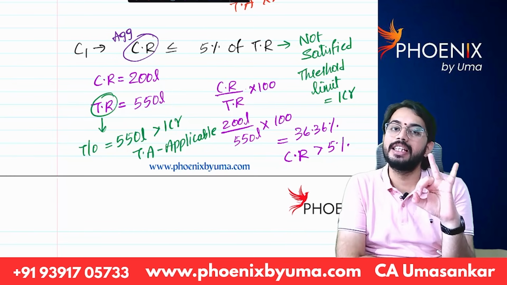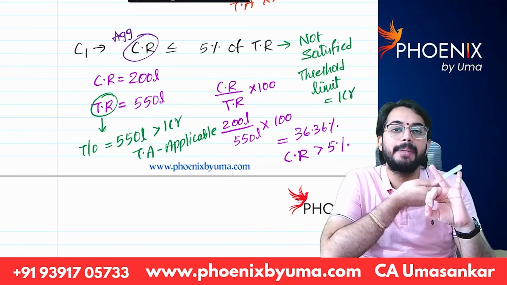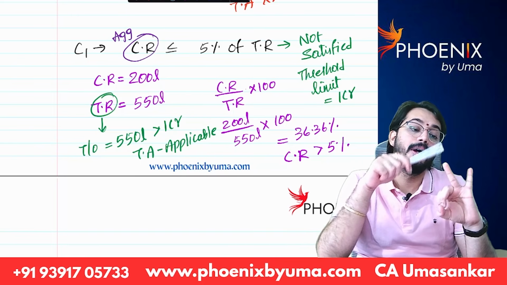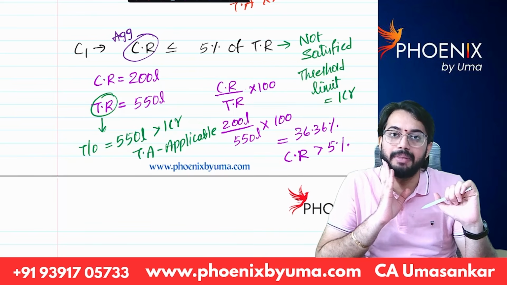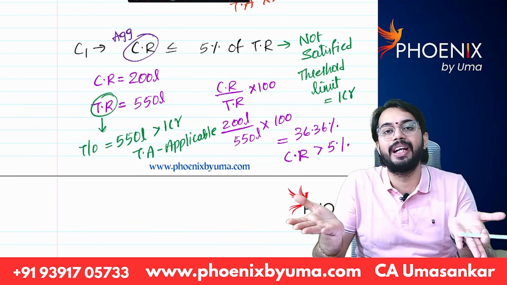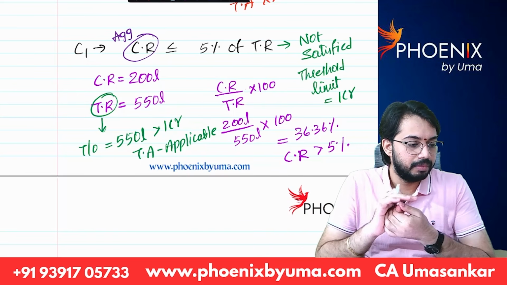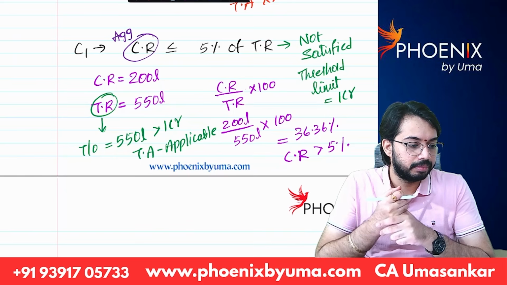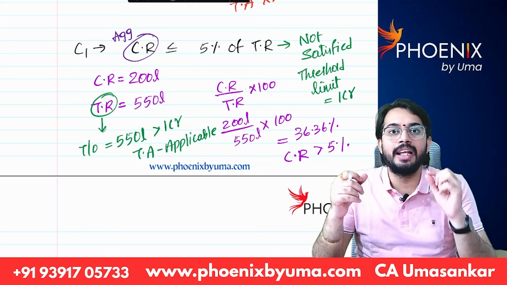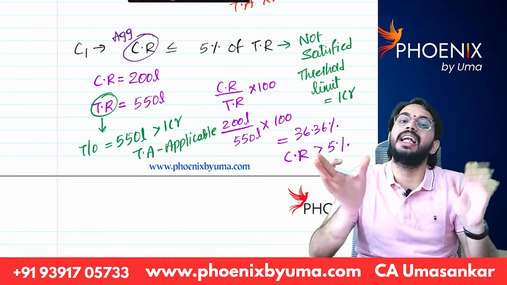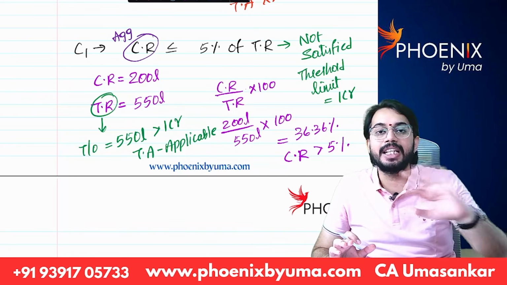If both the conditions are satisfied, cash receipts less than 5% of total receipts and cash payments less than 5% of total payments, then only the 10 crore threshold limit is applicable. Here condition 1 is not satisfied, so the 1 crore threshold limit is applicable. Whatever the criteria is, it is required to be checked for each year independently. For 24-25, you check the criteria: satisfied, 10 crore.